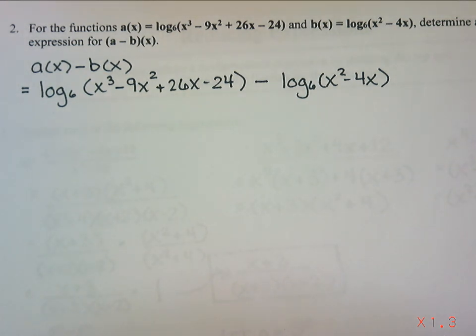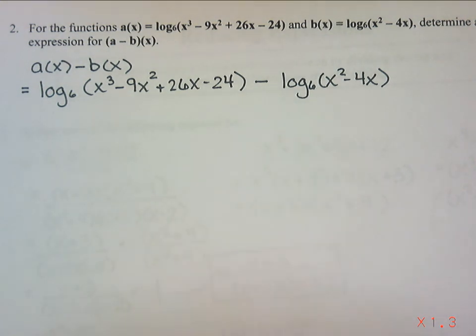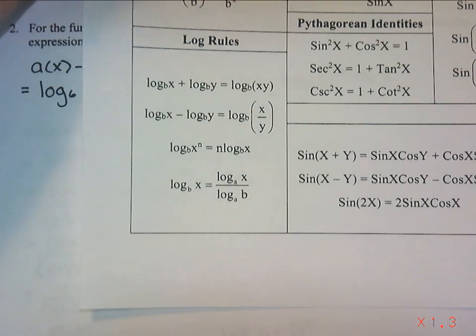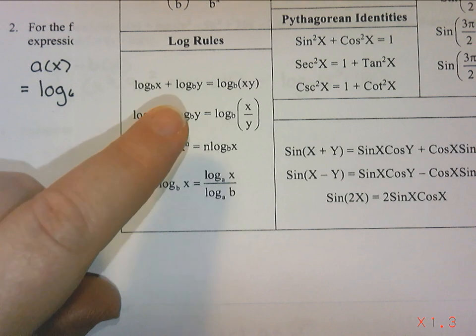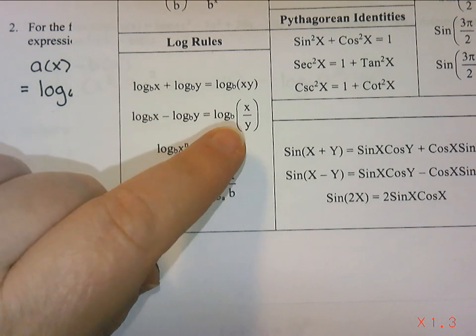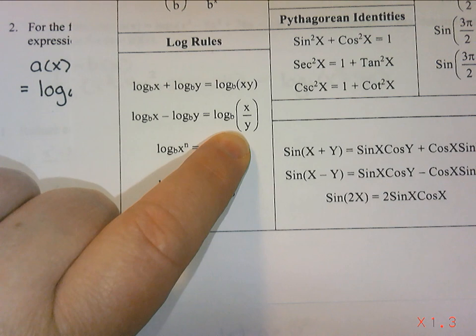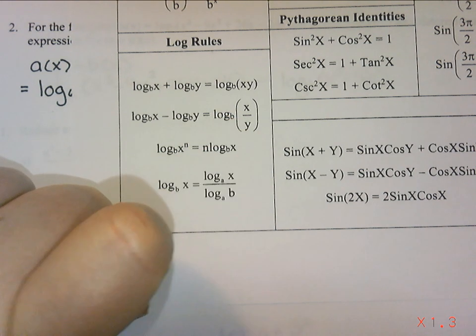Okay, so I have two logs being subtracted. I do notice that they have the same base, so that's good. If I consult our log rules, we do have a rule here that says if you have two logs with the same base that are being subtracted, we can take them and merge them into one single log by dividing our arguments.